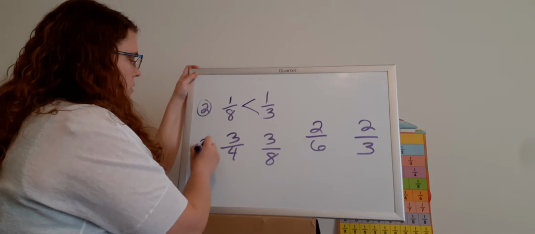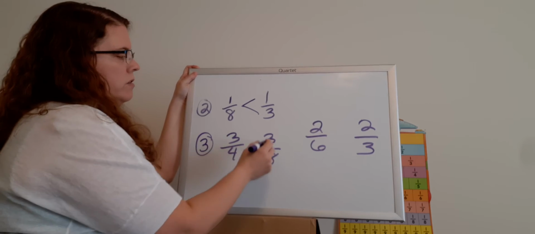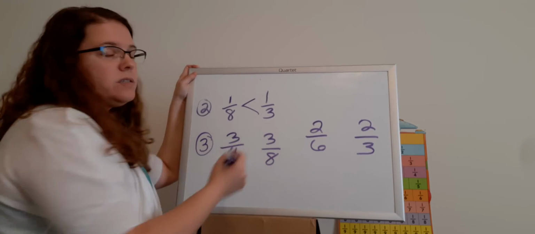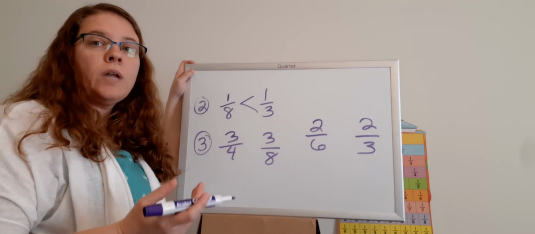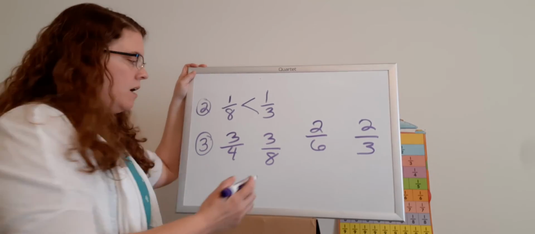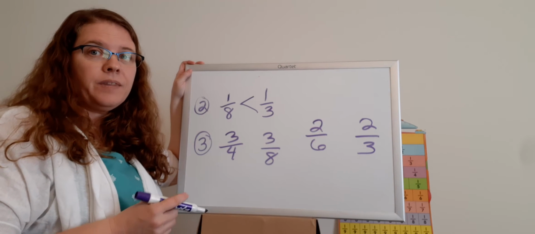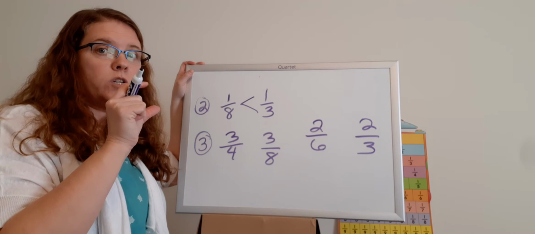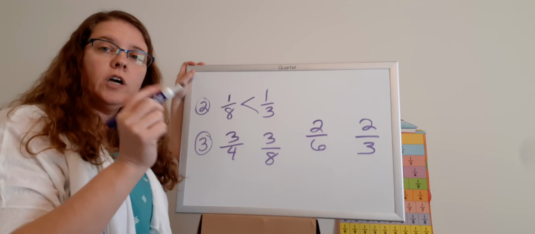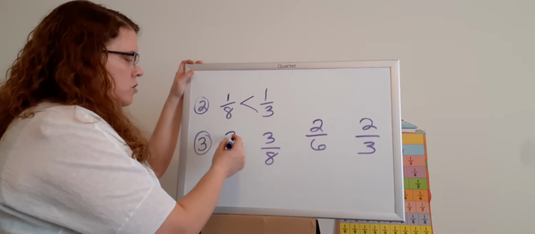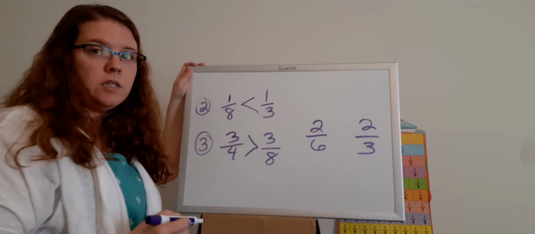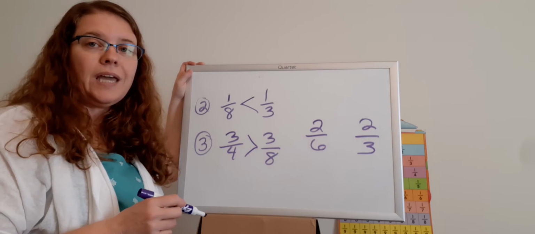Okay, let's go to number 3. 3/4 and 3/8. So 3's are the same, my numerators are the same. So now I can compare my denominators. So if I have fourths and I have eighths, think which one's going to be smaller, which one's going to be bigger? Good, the fourths are going to be bigger. So 3/4 is larger, greater than 3/8.